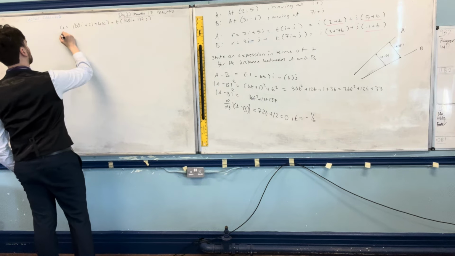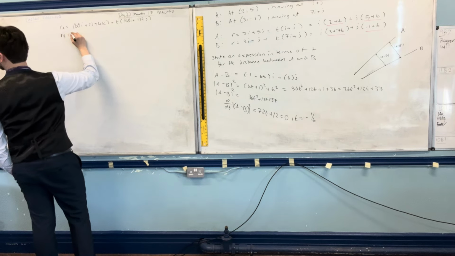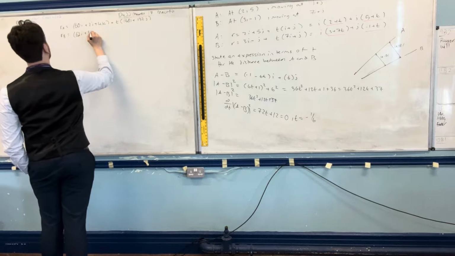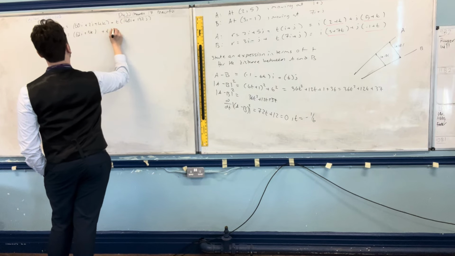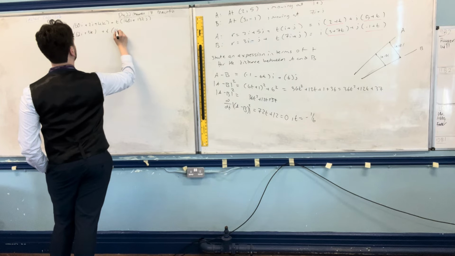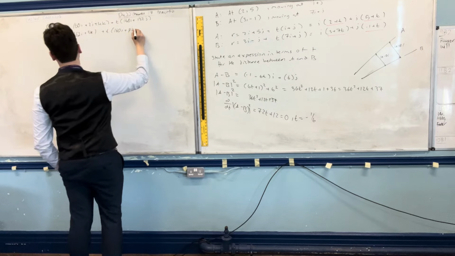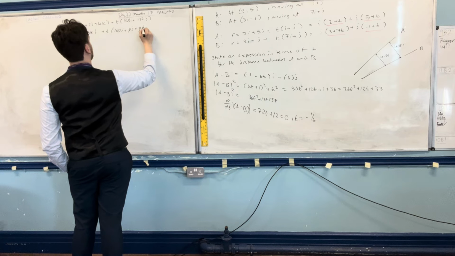And then r B is given by 62i plus 3k, plus t times 160i plus Pj plus Qk.